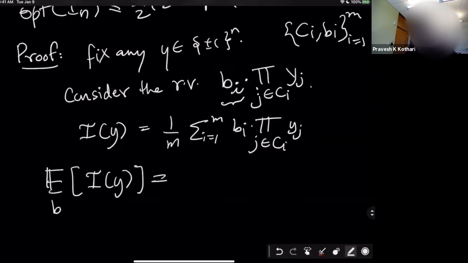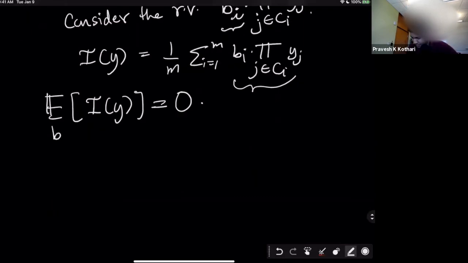So the expectation of each b_i times the product of y_j's is 0. And I of y is just an average, so the expectation is 0. Very good. In fact, the distribution of each of these terms for a fixed y is simply that of an independent random bit in plus minus 1. So I of y is just an average of m uniformly random and independent bits. Its mean is 0, and you can compute its variance quite easily.